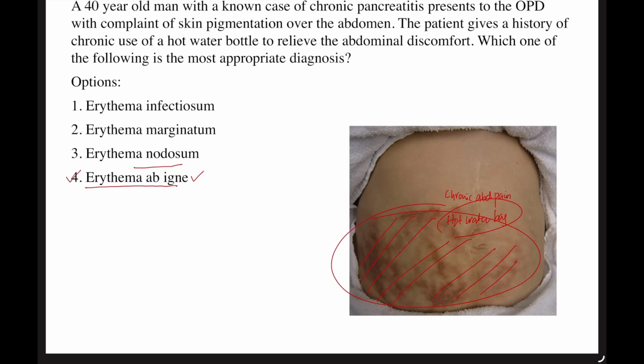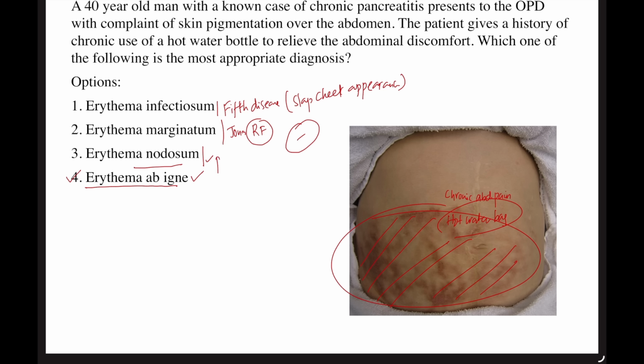Now, what are the other options? We have erythema infectiosum, our fifth disease, which will have a slap cheek appearance rash. Next we have erythema marginatum, which we already discussed in the Jones criteria part of rheumatic fever. I told you, right? Peripheral red, central clearing, mostly on the extremities or trunk. Erythema nodosum is seen in multiple conditions.